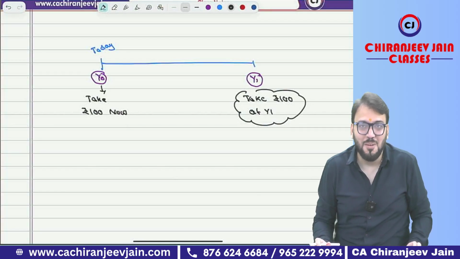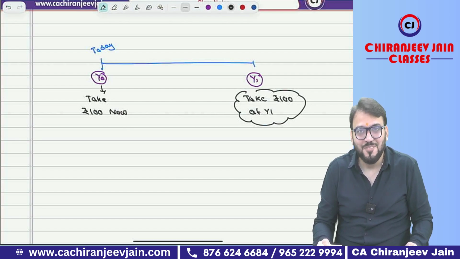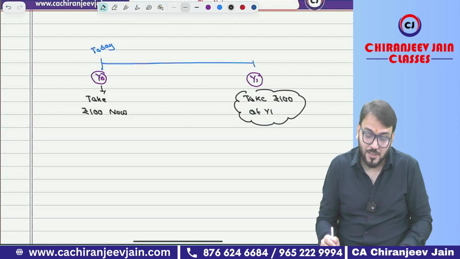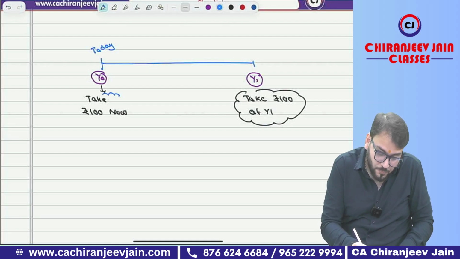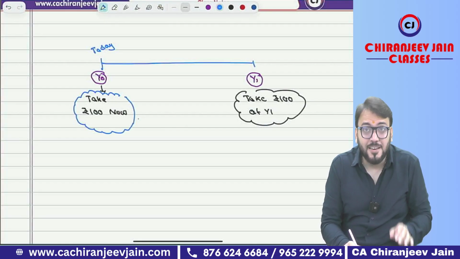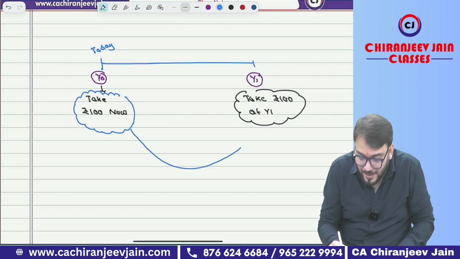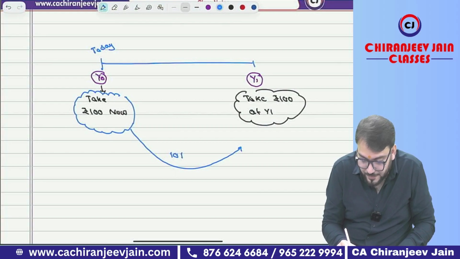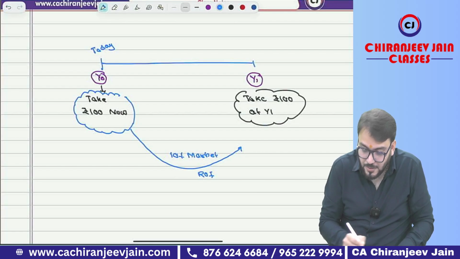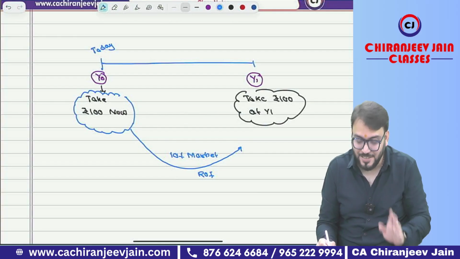I think you are able to understand. Because you will say, we are also chartered accountants, sir, we'll take 100 rupees right now only. Because you know that whatever 100 rupees you get right now, you can invest it somewhere, and suppose 10% is the market rate of interest, then on 100 you can generate 10 rupees of interest income.